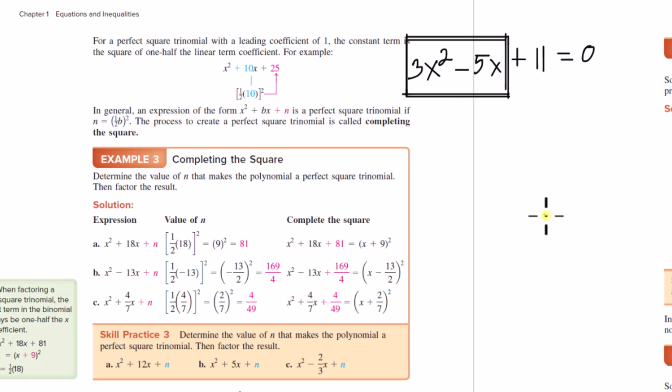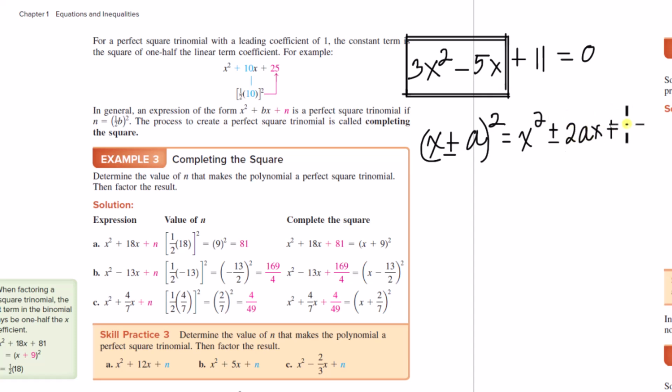So if you have a perfect square trinomial, x plus or minus some constant a, squared, it is equal to x squared plus or minus 2ax plus a squared, right? Well, we've got these first two terms here of a perfect square trinomial, 3x squared. Well, yeah, it's kind of hard to see.